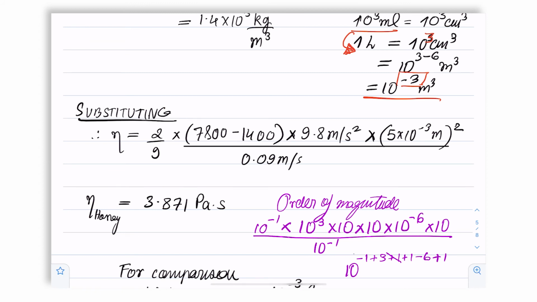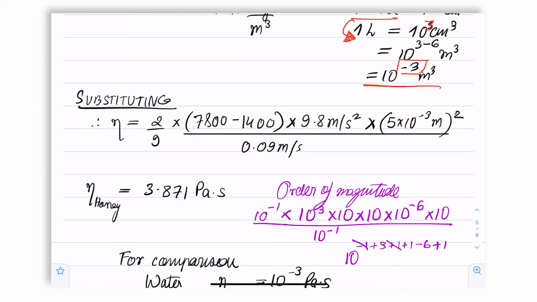So minus 1 plus 1 goes, plus 1 becomes 2. So all this adds up to 3 minus 6 is minus 3, plus 2, is minus 1.